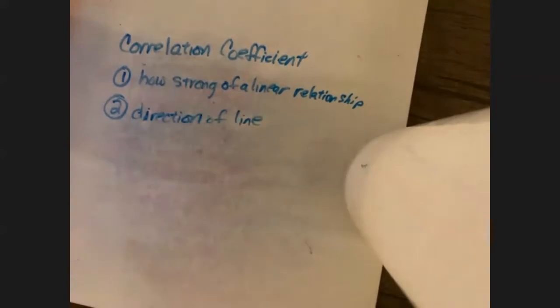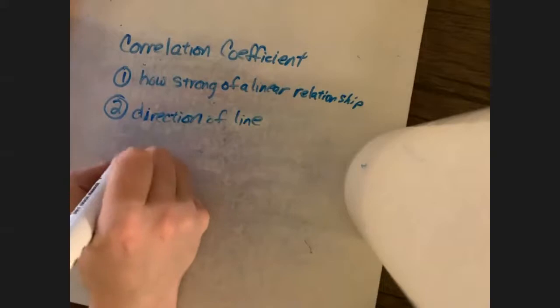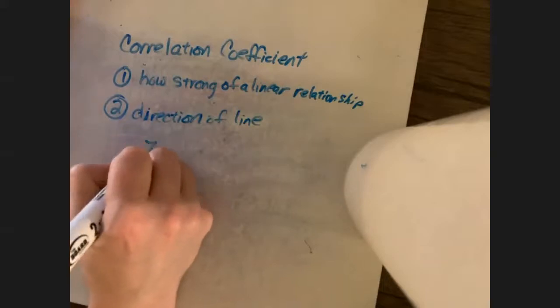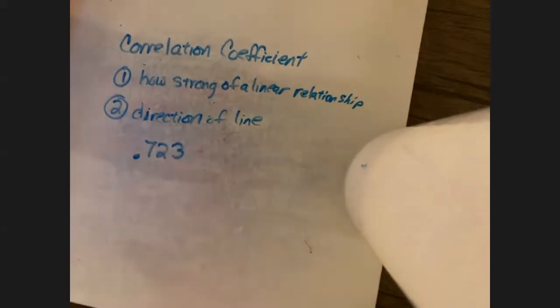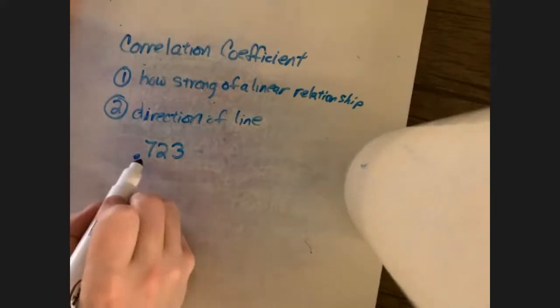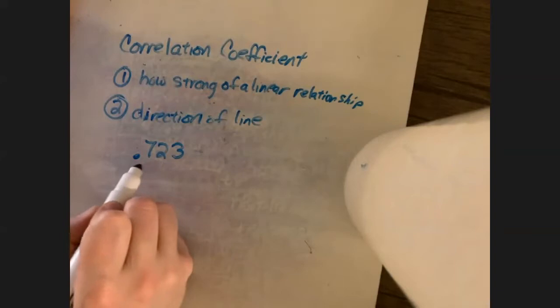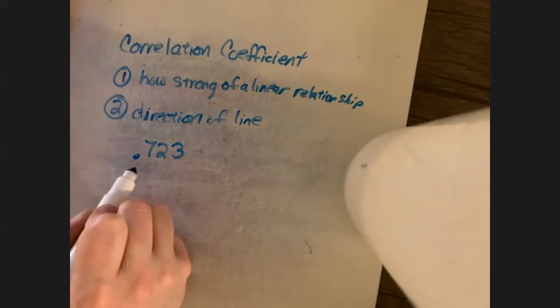So what that means is you're going to get a correlation coefficient that may be something like 0.723. What you need to know is the closer this number is to 1, the whole number 1, the stronger the line is.